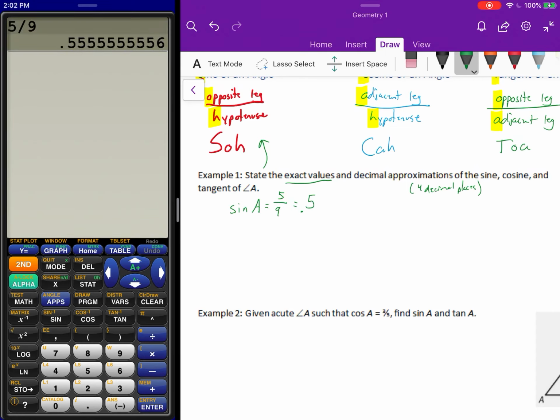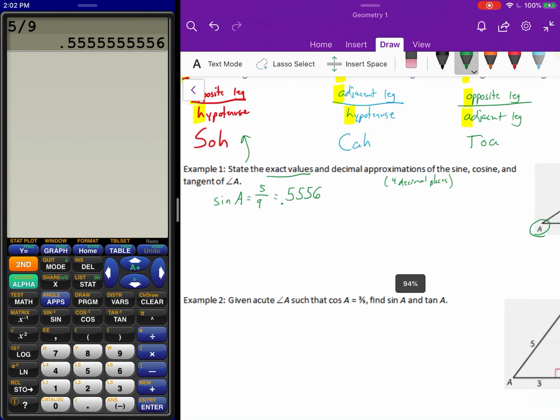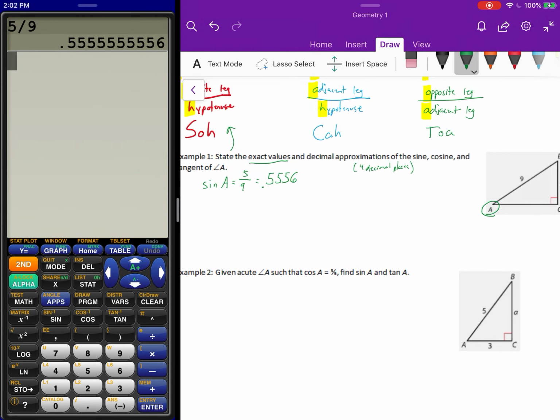So 5 divided by 9 is 0.5 continuing, but we want to go to 4 decimal places, so 0.555, and it would round up to 6. So there's sine of A.